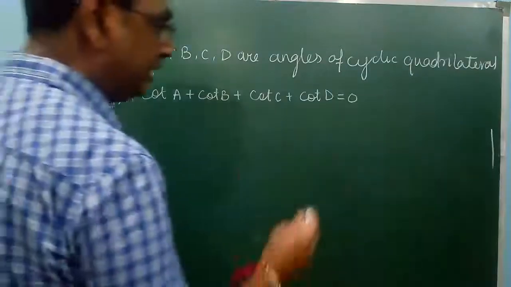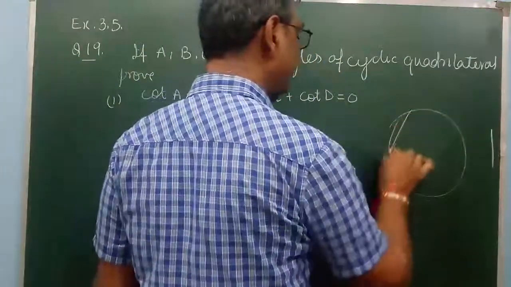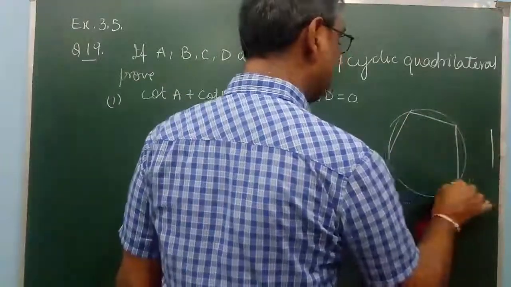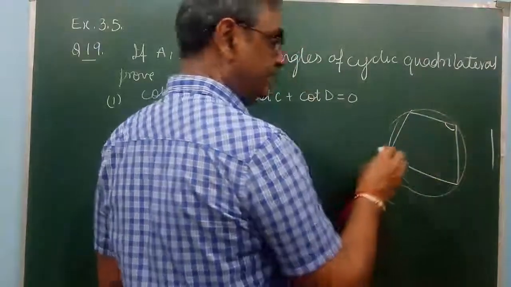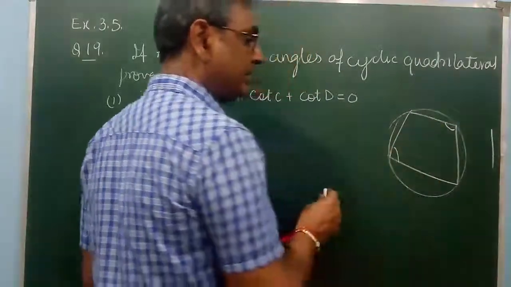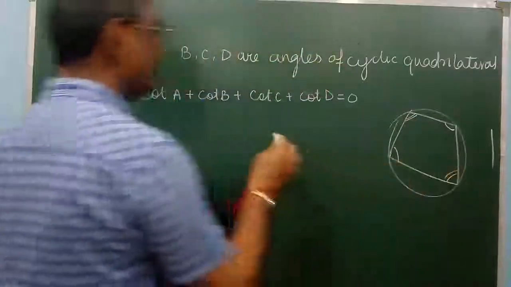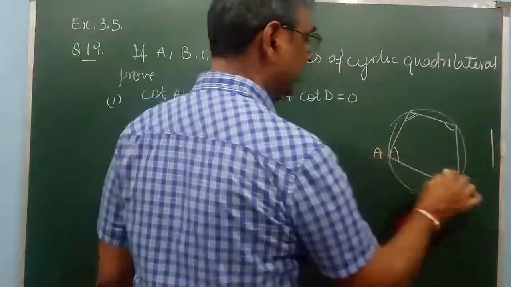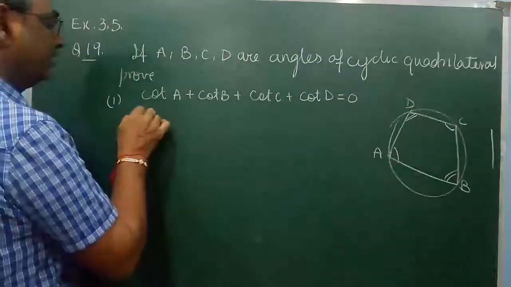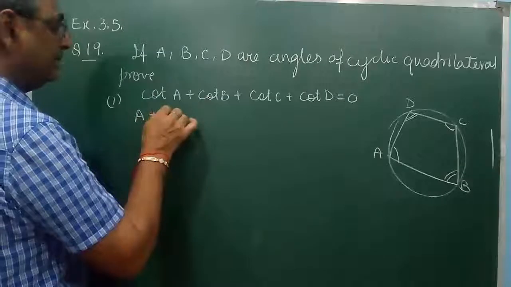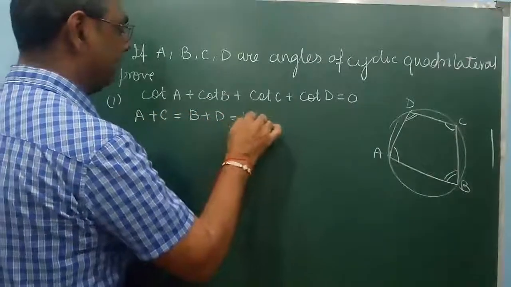In a cyclic quadrilateral, we know that the sum of opposite angles is equal to 180 degrees. So if I name the angles A, B, C and D, then A plus C equal to B plus D equal to pi.